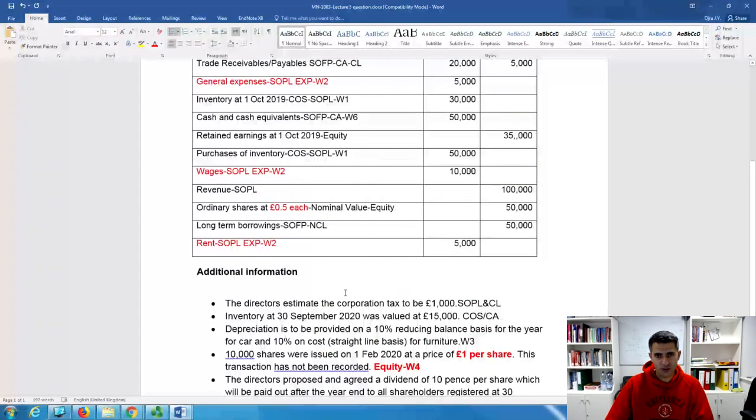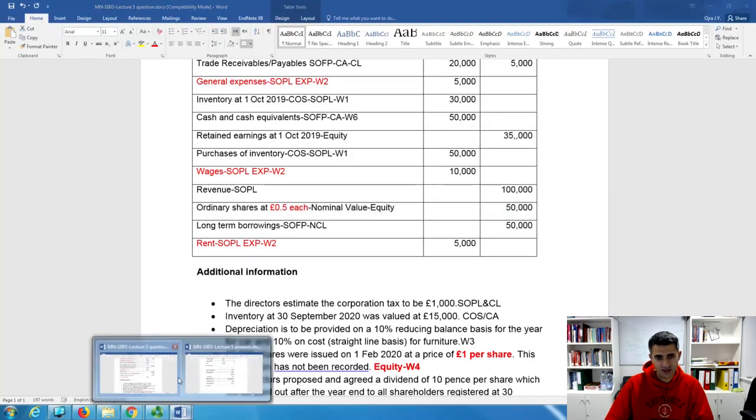So how can we calculate the dividends? First of all, what is the share capital here from the trial balance? As you see, it's £50,000. Can you see, guys? This is the share capital from the trial balance.